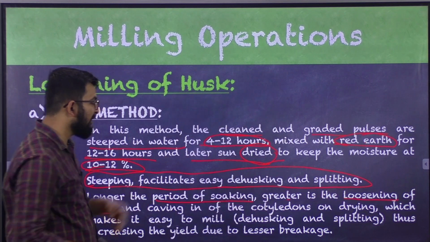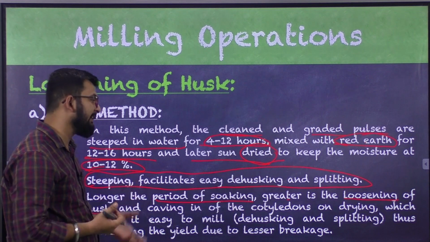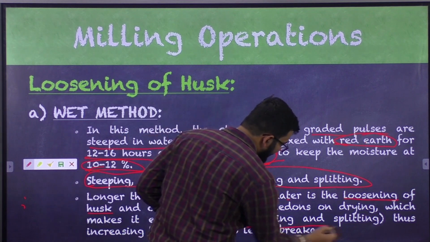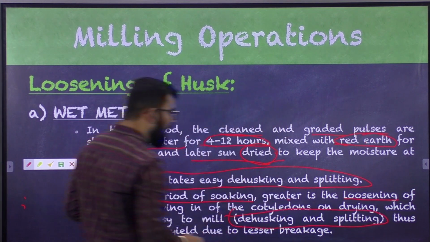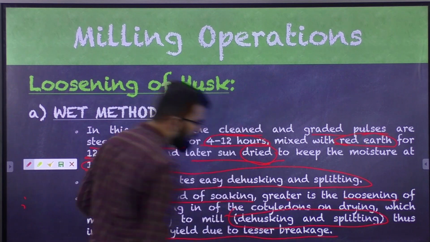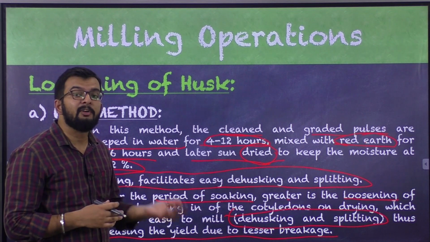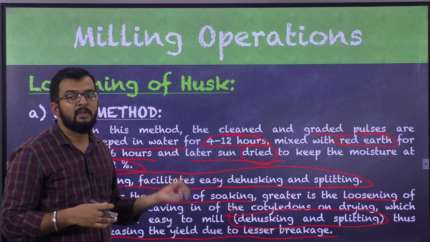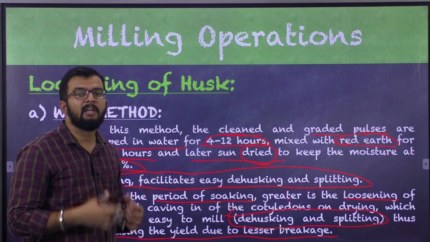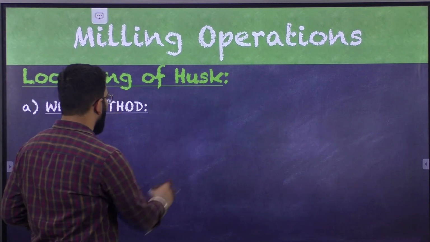Also, the cotyledons cave in on drying, so they come out easily, which makes milling, that is dehusking and splitting, easy. Thus the yield increases due to lesser breakage. Steeping makes it easier to remove the hull, so the pulses can be removed without any breakage, and the recovery of the pulses increases.